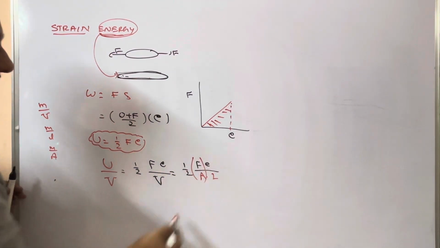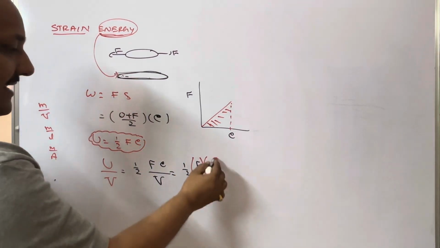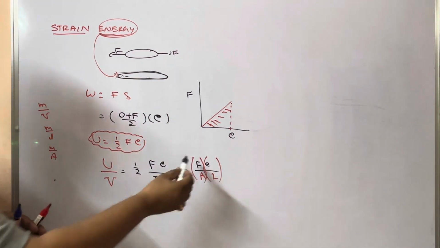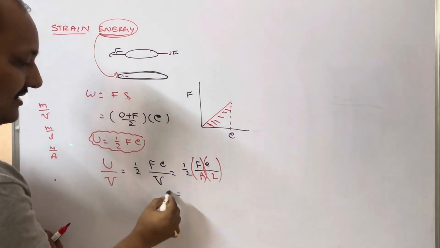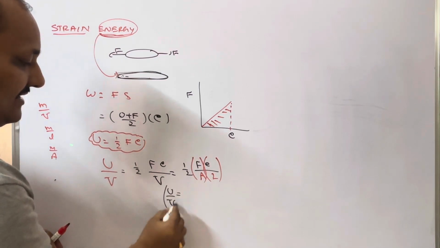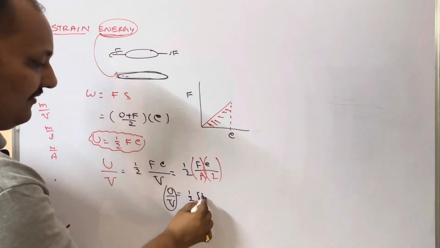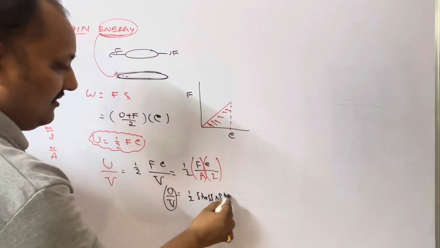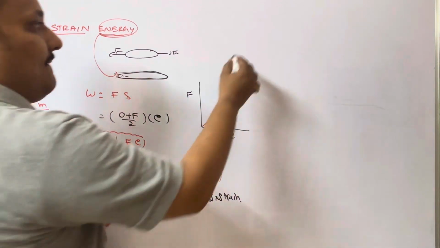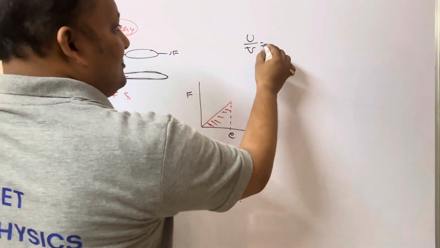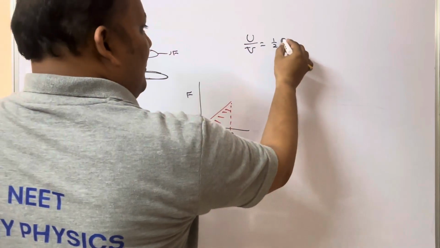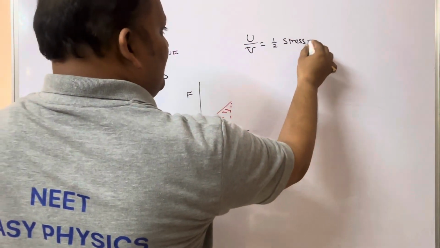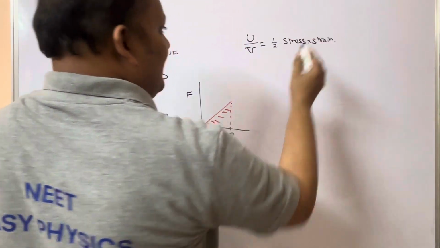So F by A we call stress, and e by L is elongation, the change in dimension by the original dimension. Therefore, energy density is equal to half stress into strain.